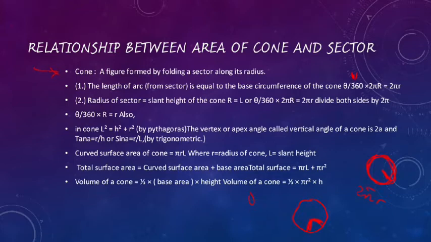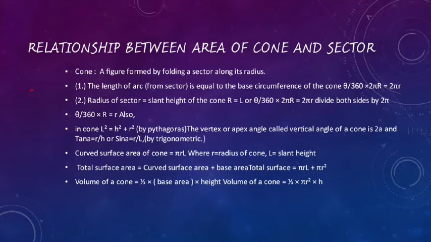Another thing you still need to know is, since we now have that formula connecting them, you should know what is the big R and what is the small r. The big R is the radius of the sector, while the small r is the radius of the circular base of the cone after it has been folded.